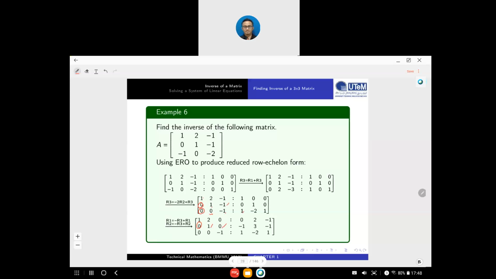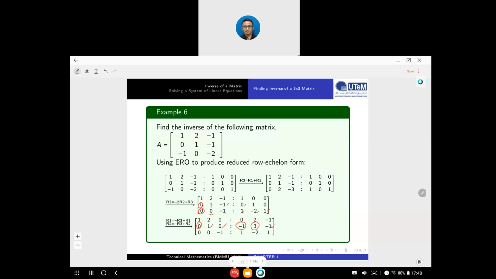Negative 1 times 1 is negative 1. Negative 1 plus 0 is negative 1. Negative 2 times by negative 1 is 2. 2 plus 1 become 3. 1 times by negative 1 and then plus 0, so you can get negative 1. So this is the answer.